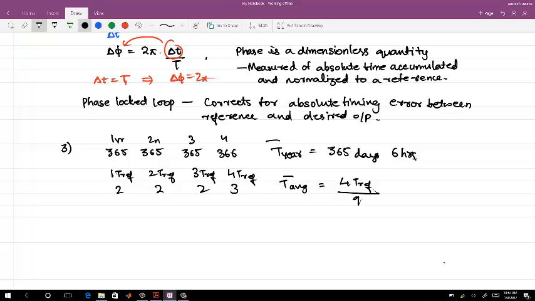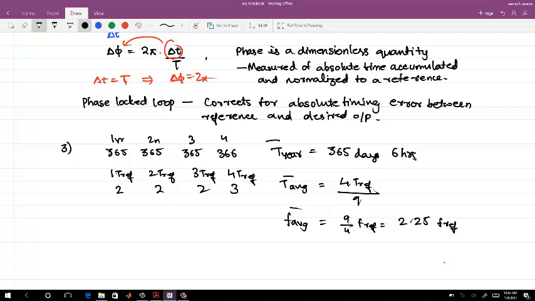This is not the case where we always count that within one reference period you should always have 2, 2, 2. No, you can have 2 and then suddenly you have 3. So the average output clock period is 4 by 9 Tref. The average frequency is 9 by 4 of fref, which is basically 2.25 fref.